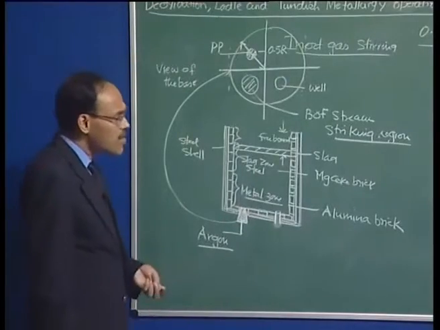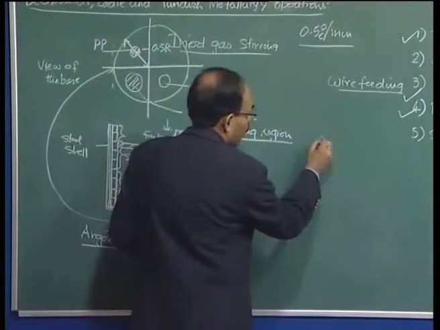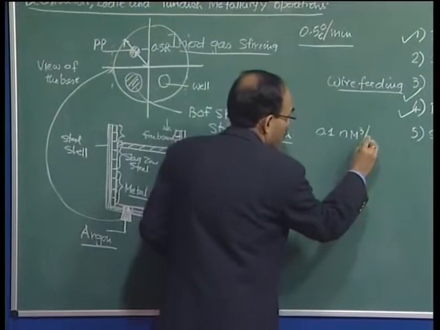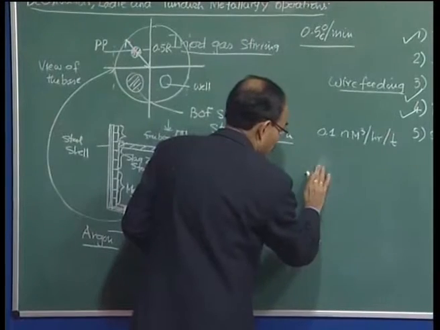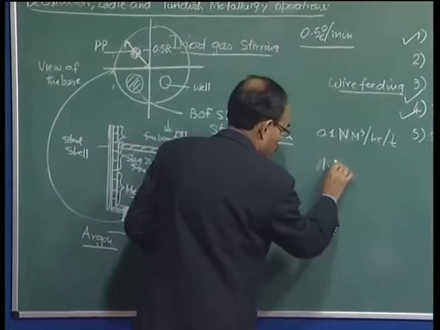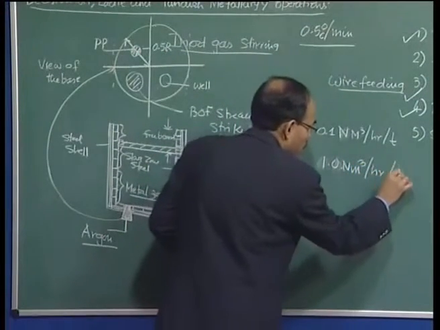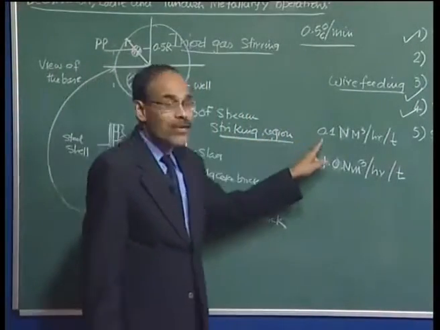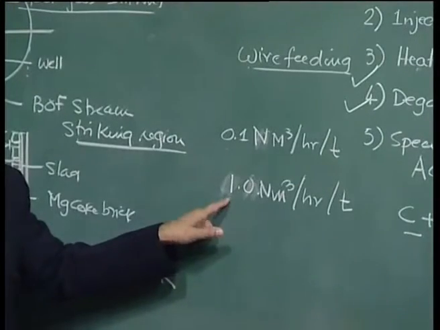Now, we have a diverse range of argon flow rates, and the typical argon flow rate can go from 0.1 normal meter cube per hour per ton of steel to about 10 times more, so 1 normal meter cube per hour per ton. So this is the range of ladle metallurgy steelmaking argon flow rates, and these flow rates, as you would note, are significantly smaller than the flow rates in an oxygen steelmaking process.